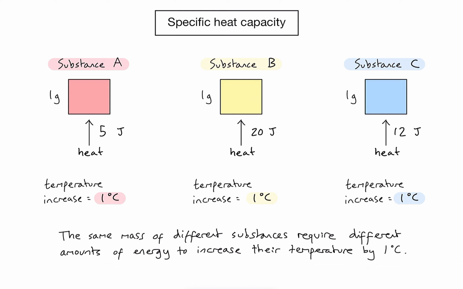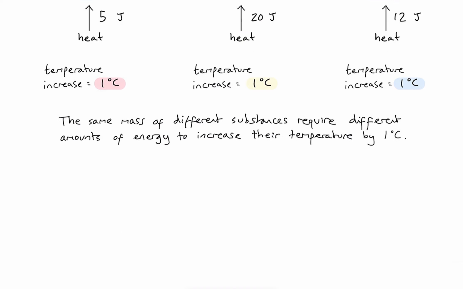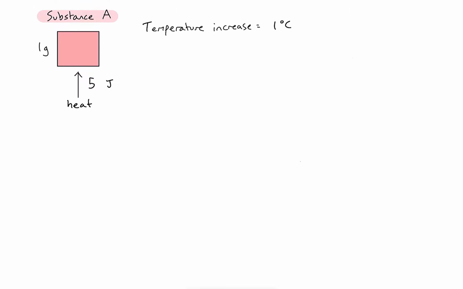So let's dive into each substance and see what happens when we change some things. First of all, let's take substance A again, and in this case we know that heating or transferring 5 joules of energy to 1 gram of that substance led to a temperature increase of 1 degree.